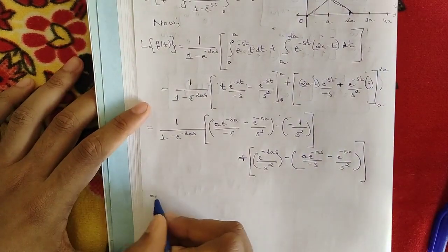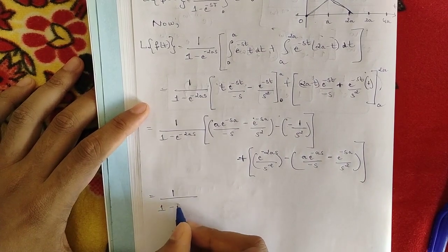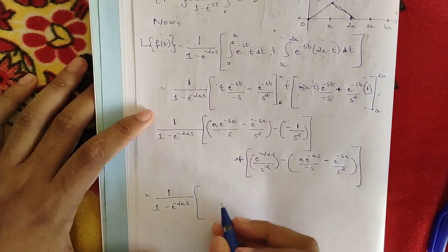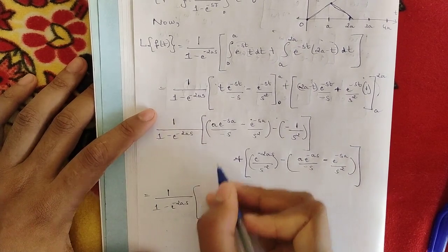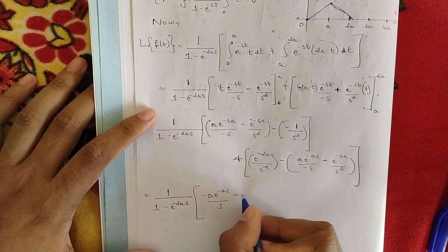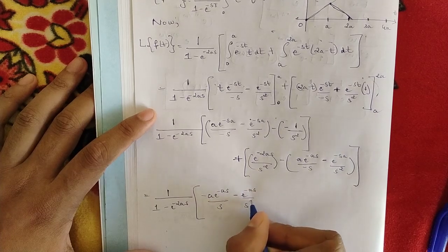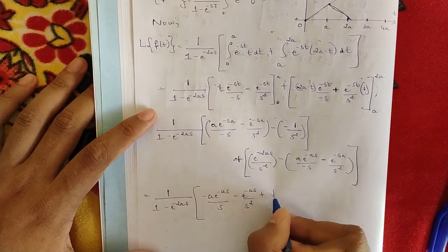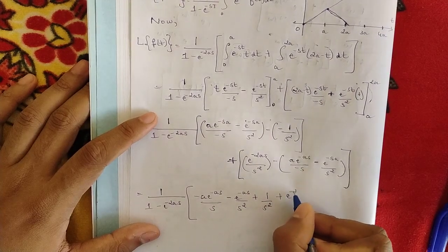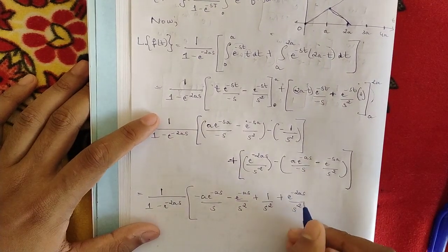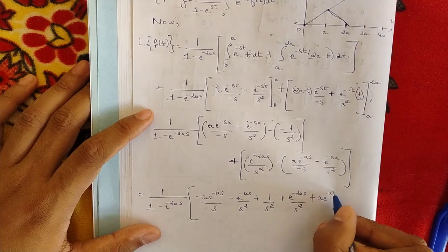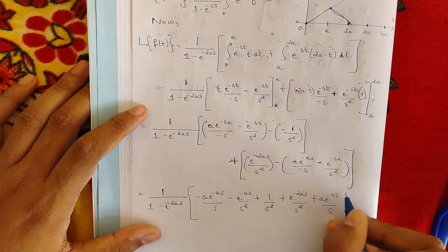So now just simplify. First this term: minus a e to the power minus as divided by s, minus e to the power minus as by s square. Minus into minus is plus, so plus 1 by s square. So plus e to the power minus 2as by s square. Minus into minus is plus again, a into e to the power minus as by s.